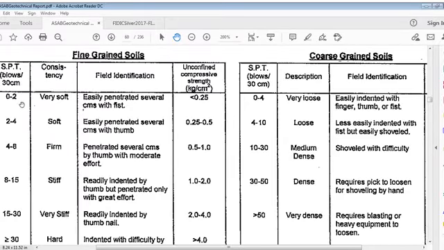If SPT blows per 30 centimeters is 0 to 2, the consistency of soil is very soft, because only 2 blows are needed, it's very soft.